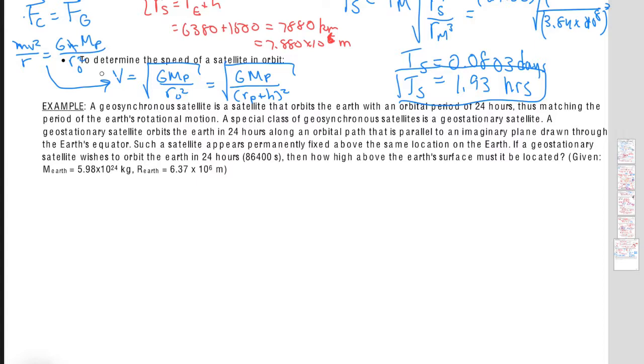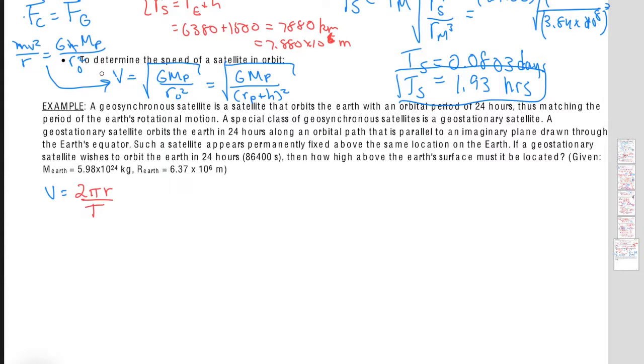The first thing we're going to do is say that the speed of the satellite is going to be just like we did before. We did one question in the previous video where we did 2 pi over T. So the speed of the satellite is 2 pi, the circumference that it's going to travel, over the time.